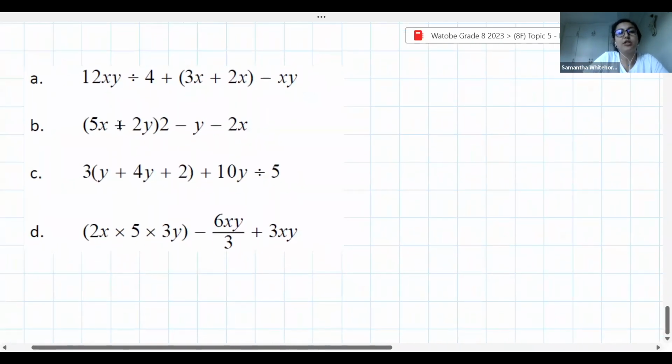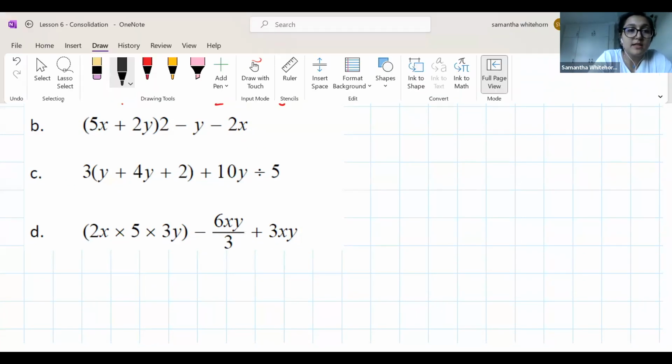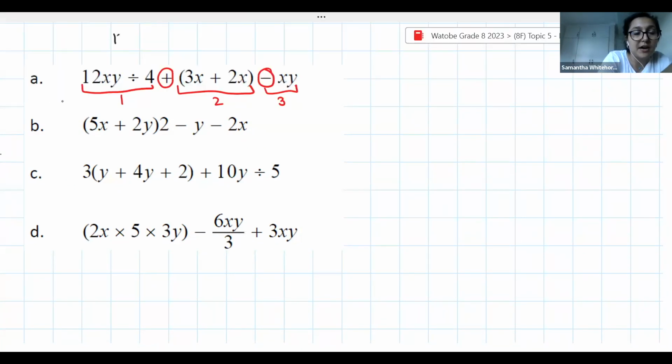Right. Question A. Again, we're going to identify our terms for ourselves. So remember, look for the plus or minus signs that are not inside the bracket. That would be the plus sign and the minus sign, and that separates this expression into 3 terms. Now we want to see if we can simplify these terms. If you want to write this as a fraction, you can. You don't have to.